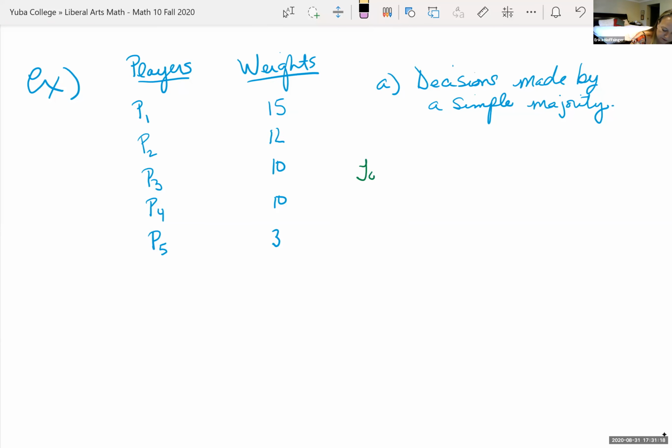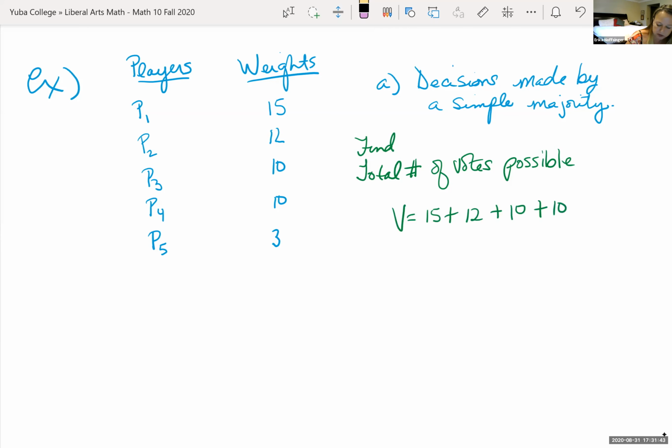So we're going to add the weight of each player. 15 plus 12 plus 10 plus 10 plus 3. 15 plus 12 is 27, plus 10 is 37, plus 10 is 47, plus 3. So 50 votes possible.